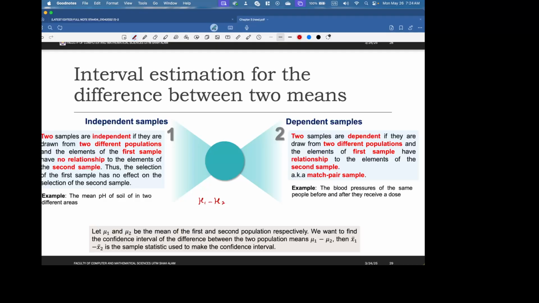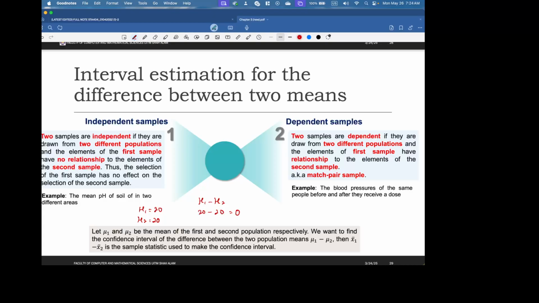Because suppose that we estimate mu1 is equal to 20 and mu2 is equal to 20. So when you do the operation, the difference between mu1 and mu2, what you get is 20 minus 20, so you will get 0.